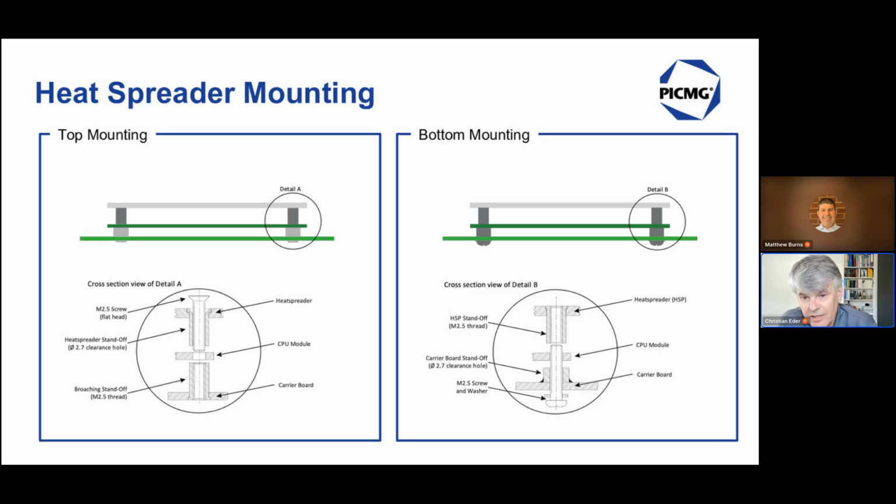If you want to do it the other way around, like mounting the whole stack directly to a chassis or so, the other way might also be an option: to have the threads at the heat spreader, but then you need to have the through holes on the carrier board. Those are the two combinations, depending on your physical implementation of the solution. Just to clear this point up.